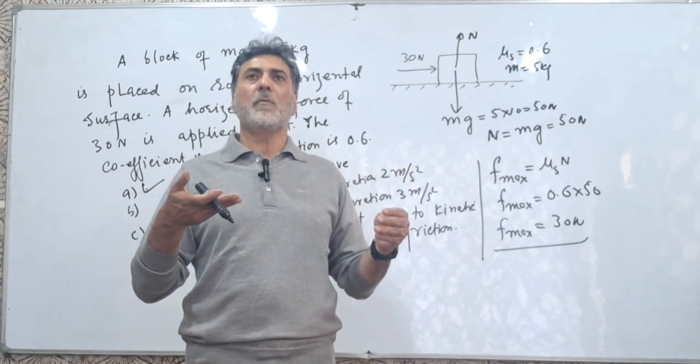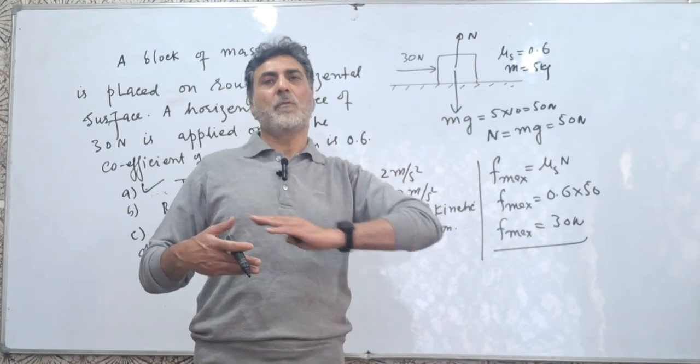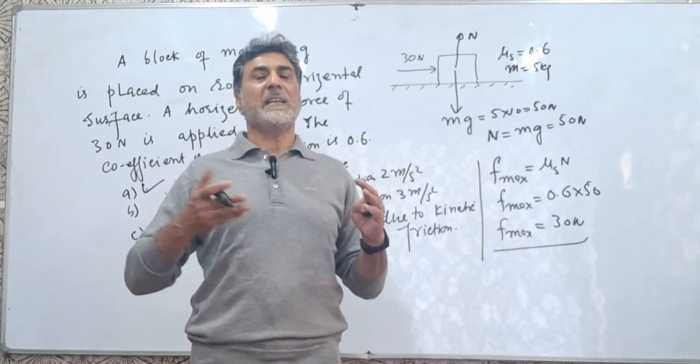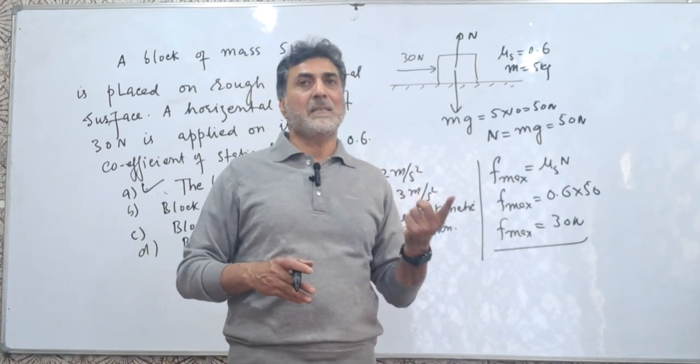You apply 30 Newton of force in the forward direction, but the maximum frictional force is 30 Newton in the backward direction. The body will not move because the external force, that is 30, does not exceed the maximum frictional force.